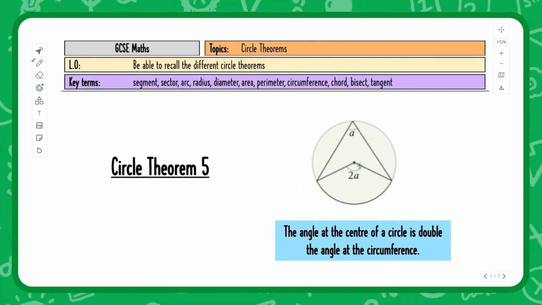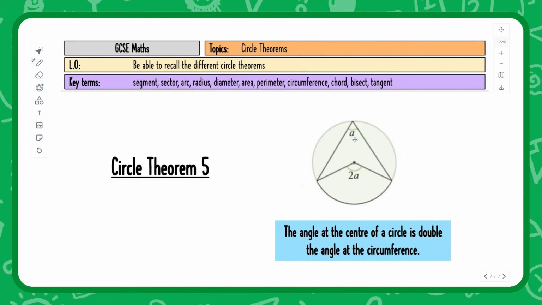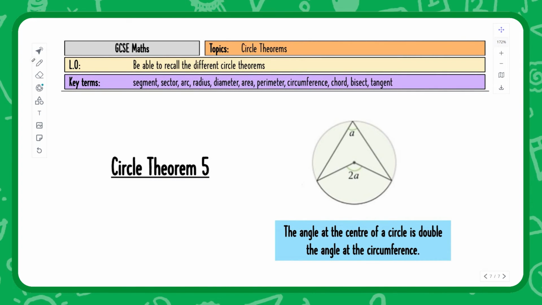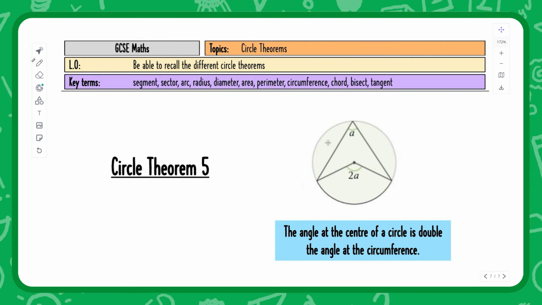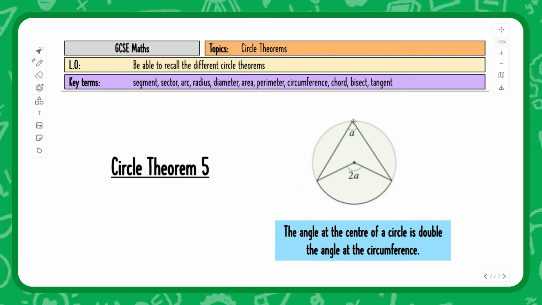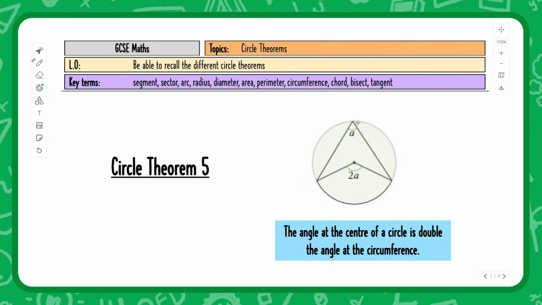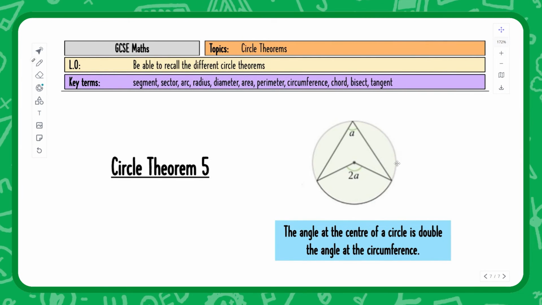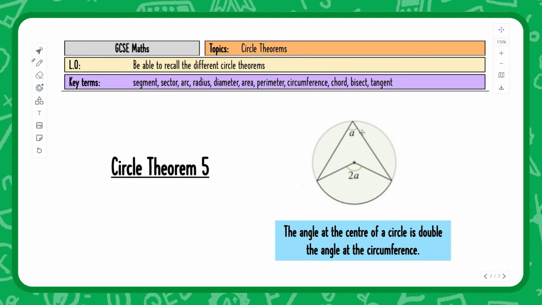Likewise, if this was 80 degrees here, then the angle at A would be half of that, which is 40. So you are technically looking for some form of a rocket shape. Just be aware that sometimes that angle up here can be quite a bit lower down here, so the oval shape is a bit more squashed and less rocket-like.